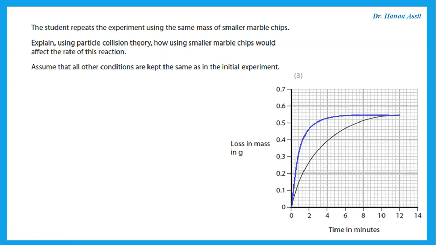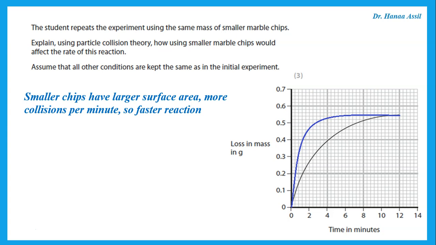So if we were to draw the graph, the graph for these smaller marble chips would be a steeper curve but the same final volume. Now why is that? Because smaller chips have larger surface area, so more collisions per minute, or more frequent collisions, so the reaction is faster.